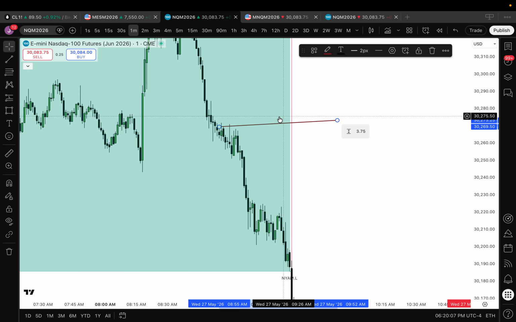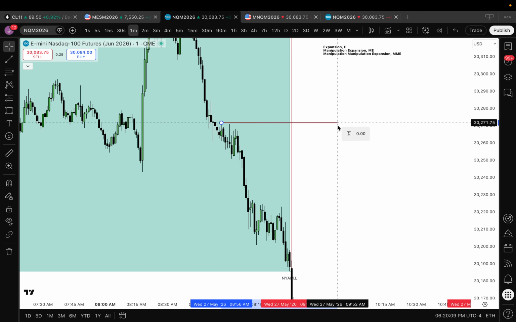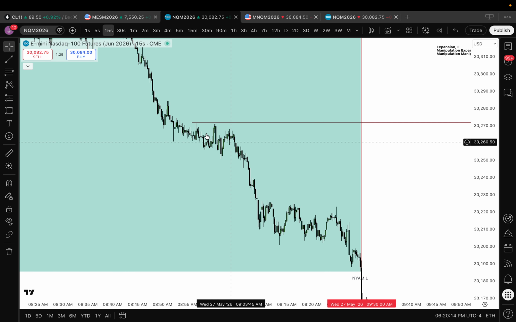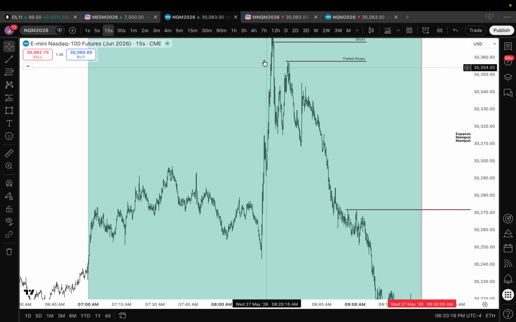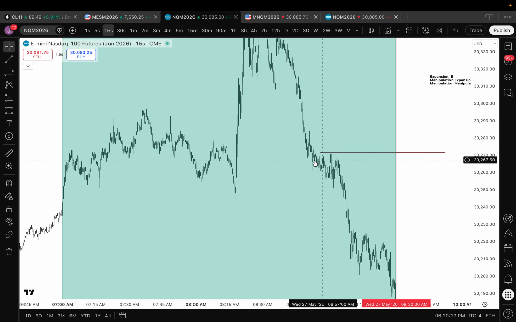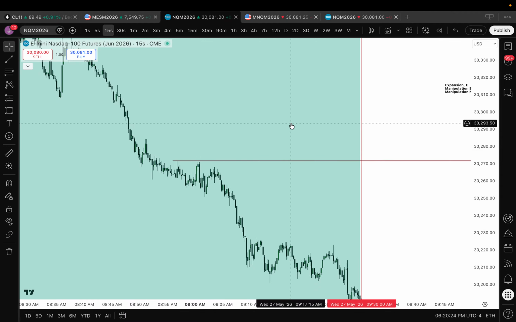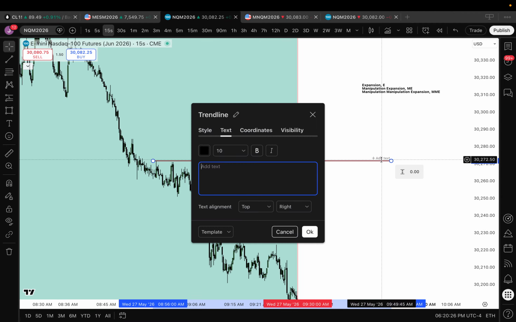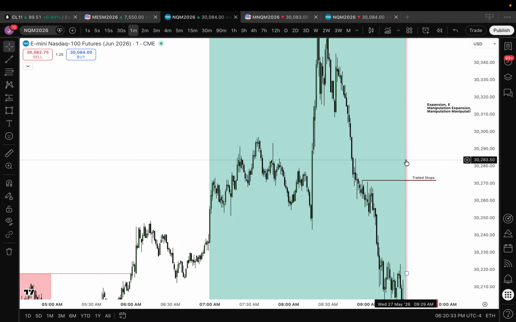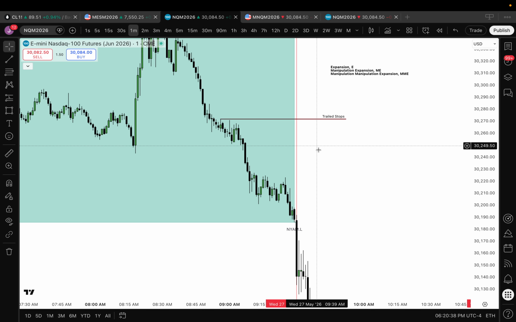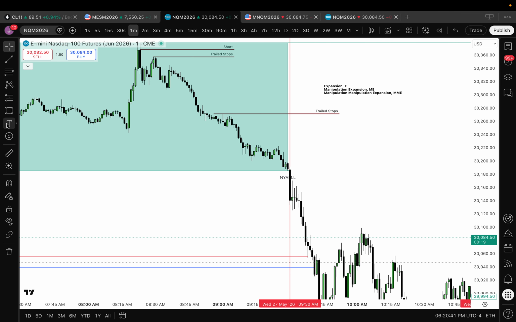Right here, we also have obvious trailed stops for the 15-second chart because these are relative equal highs. And they're not at the top, they're in the middle of the session, which is what I look for typically. And these are what I was targeting this morning for longs. These are very obvious and very clean trailed stops that the market at 9:30 will run to because bias was here.